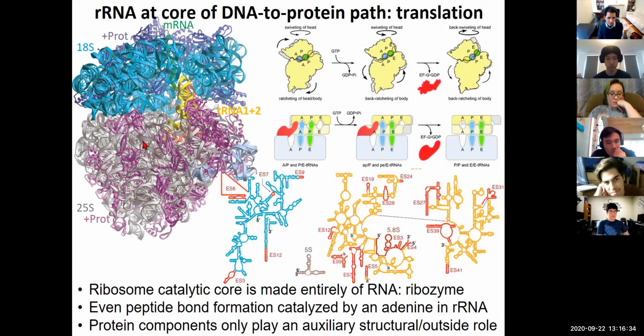So basically every species today has a ribosome that allows it to translate, and they're all very similar to each other.